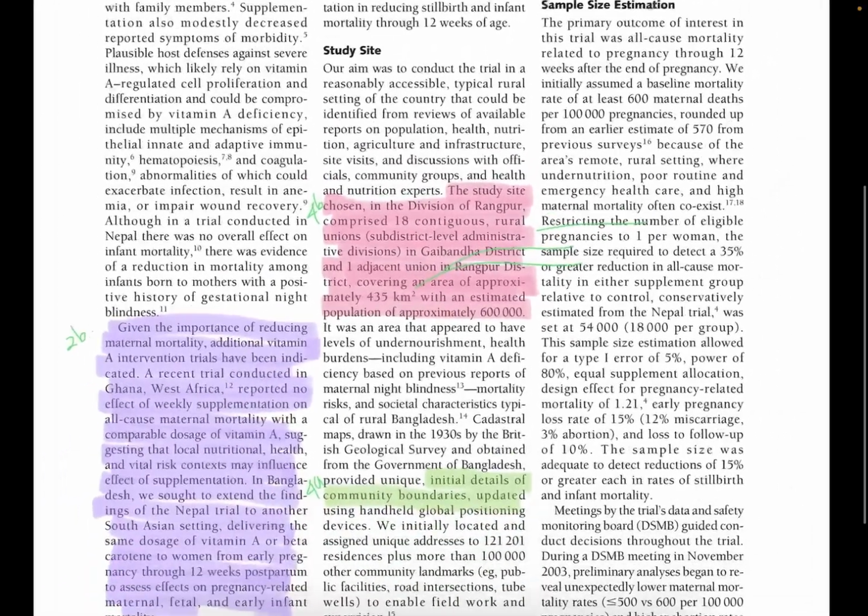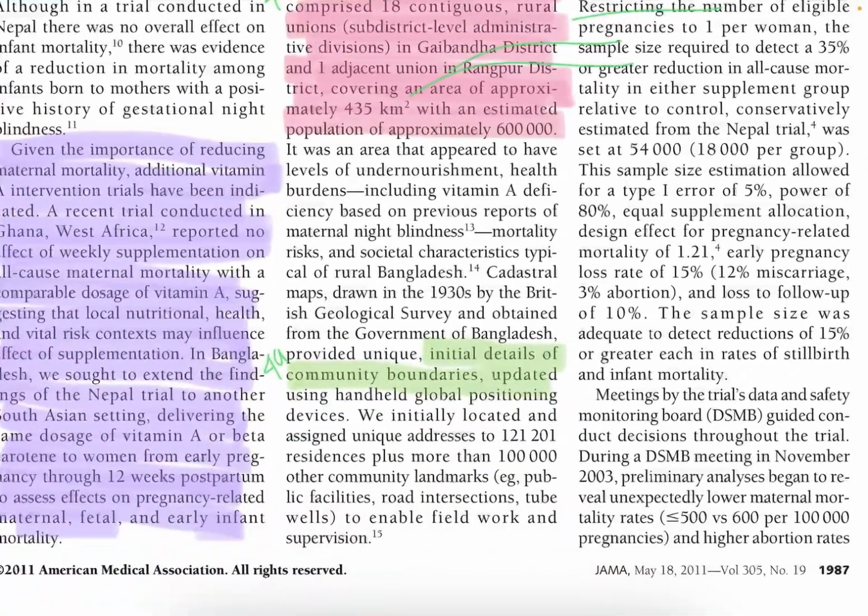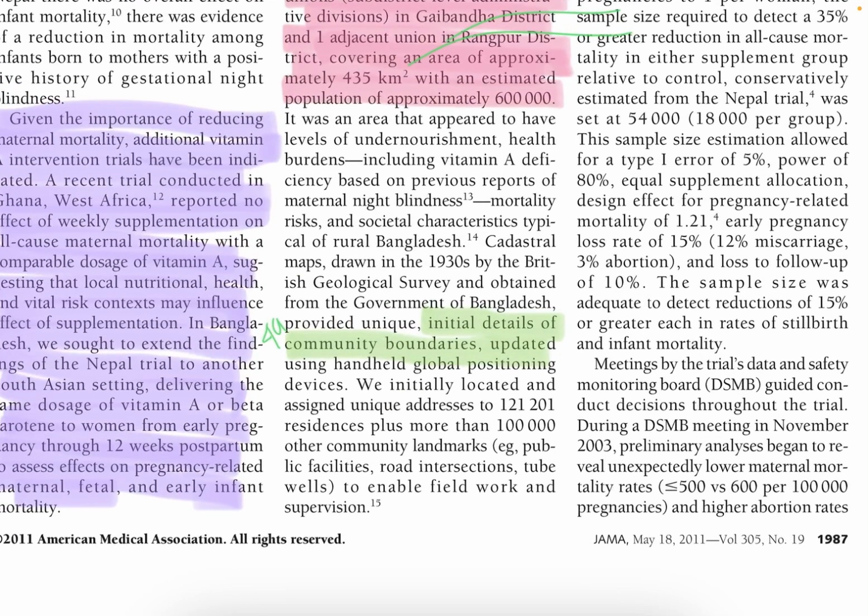Okay. Next is point 4A. Point 4A, eligibility criteria for participants.